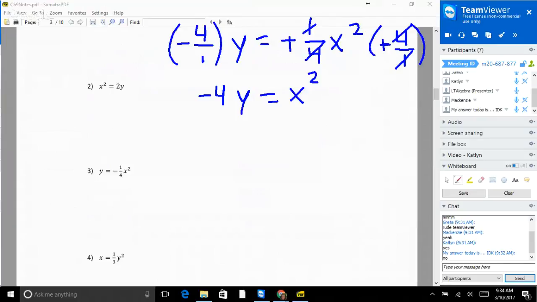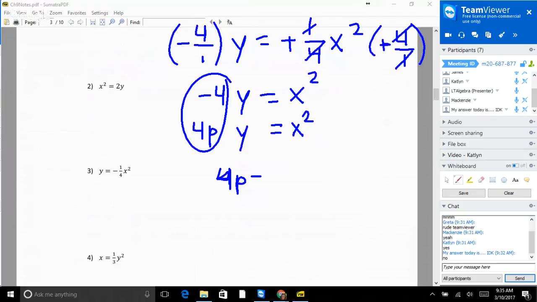So now I'm to my regular formula, right? The standard formula is, I'm going to write it flipped, x squared equals 4py. So basically that means that 4p has to equal negative 4, or p has to equal negative 1.